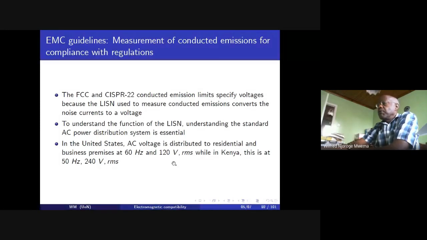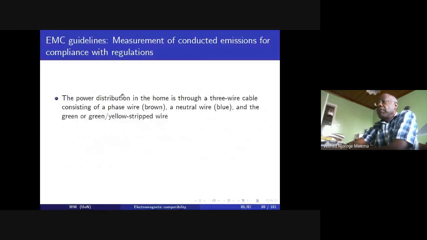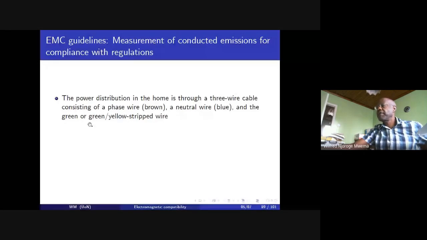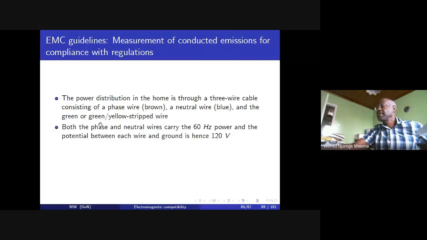The power distribution in the home is through a 3-wire cable consisting of a phase wire, which is usually brown, a neutral wire, which is usually blue, and the green and yellow striped wire for the earth. Both the phase and the neutral wires will carry 60 hertz or 50 hertz power, and the potential between each wire and ground will therefore be equal to 120 volts.